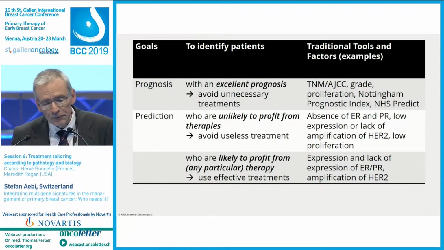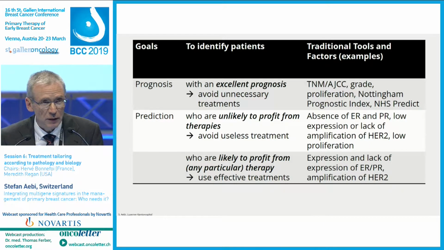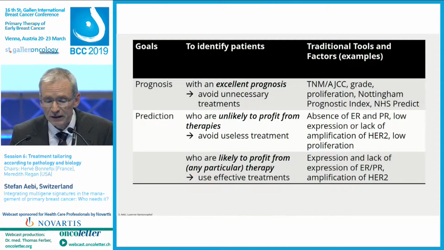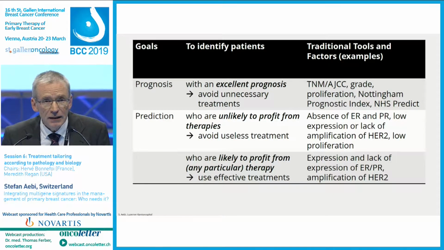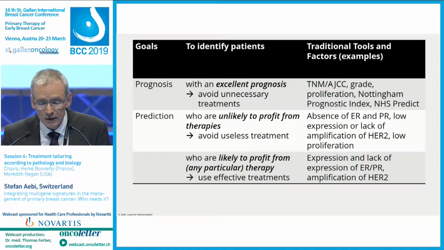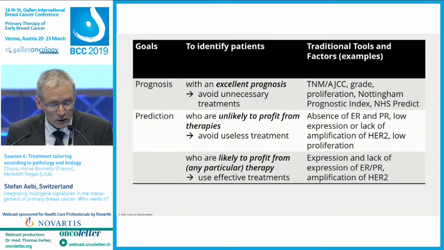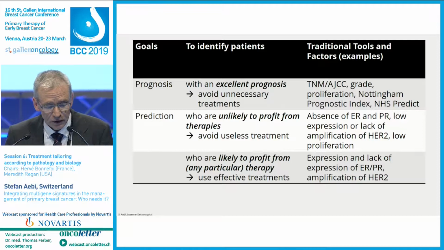So this is going to be what we talk about. Let me set the stage by saying that we'll talk about prognosis and prediction. We want to identify patients with a very good prognosis in order to avoid unnecessary therapies. Traditional tools and factors are, of course, staging, grade, proliferation, and indices like the Nottingham Prognostic Index or NHS Predict. We also try to address prediction.